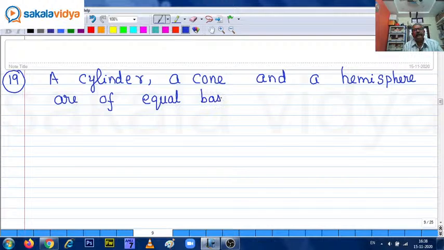Equal base means equal base radius, and have the same height.